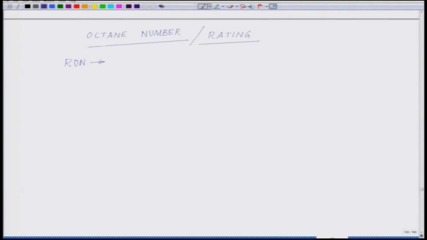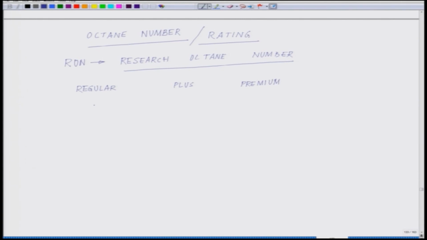This is the most simplistic expression of octane number, which is called research octane number. If you go to a petrol pump, you will see some of these numbers, which is basically the octane number. This is a common sight, and whenever you go next time, just have a look at it.